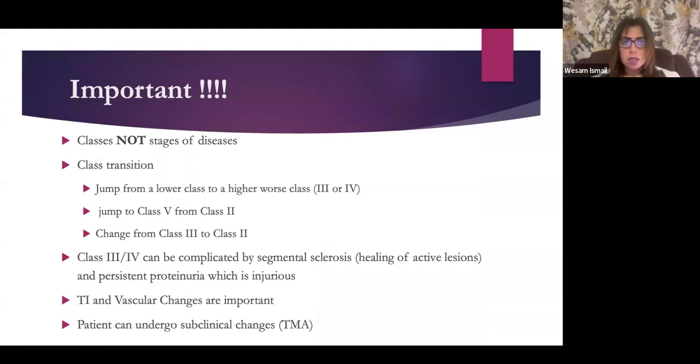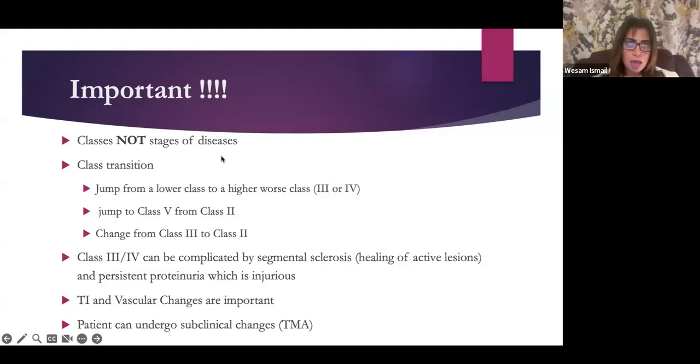We always stress this point for our junior colleagues, because when they are first introduced to the classification, and because patients with mesangial lupus have a calmer, quieter clinical presentation than what we see in active lupus or even in class 5, they may think otherwise. However, these are not stages of the disease. These are just classes, and patients do not have to go from class 1 to class 6. It does not go this way. And class transition can occur at any stage of lupus as well.